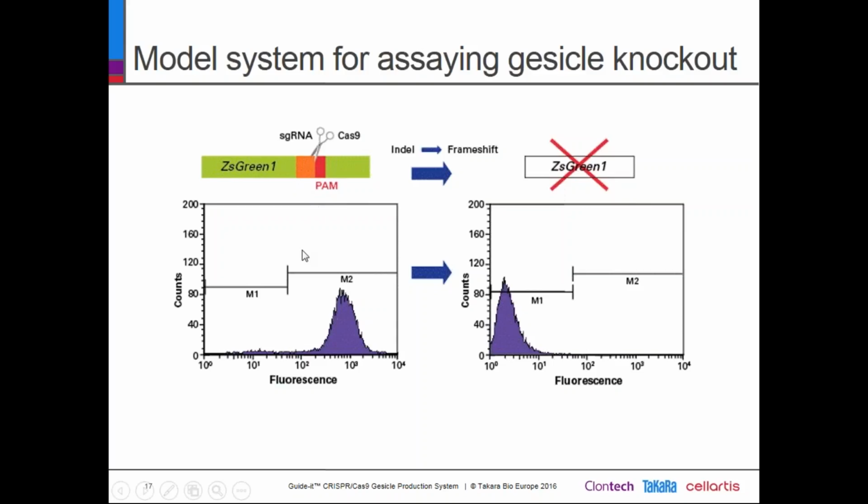So ZS green can be easily measured in the flow cytometer, giving a fluorescent readout. And you can imagine by targeting ZS green, when a frame shift or a knockout mutation occurs, this should lead to the functional knockout of the protein, and this can be measured by a leftwards shift in the fluorescent readout in the flow cytometer.